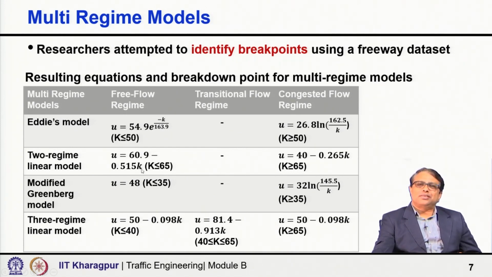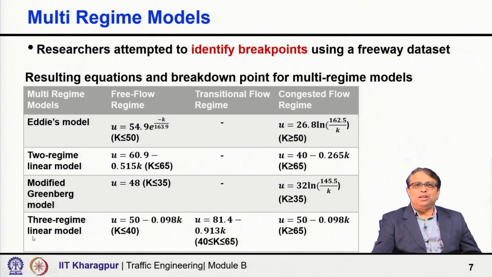Now, what I said, you can see here: if you put the value of k equal to 65 in the congested flow regime, whatever value of u you get, and if you also put k equal to 65 in this free flow regime model, you will not get the same value of the speed. So, two different values you will get, and that will happen for all the models here.